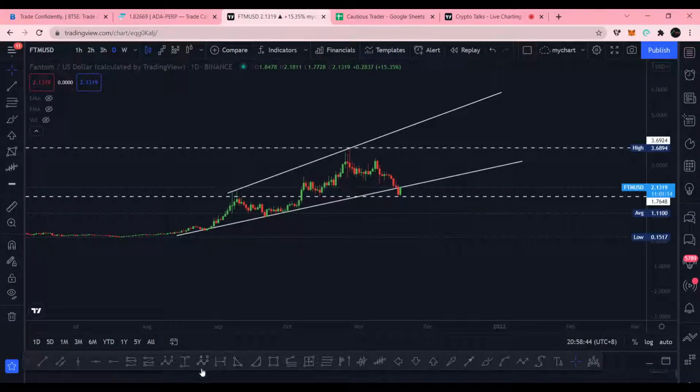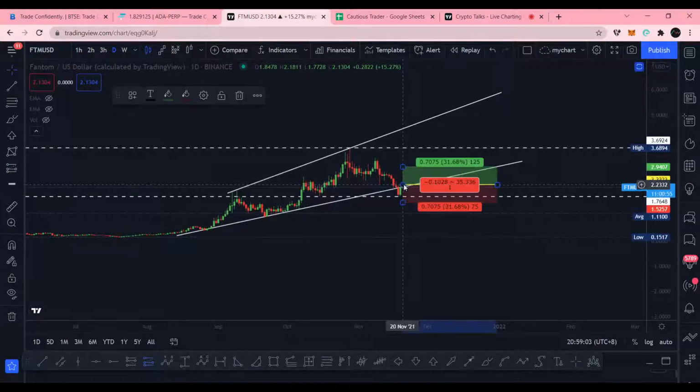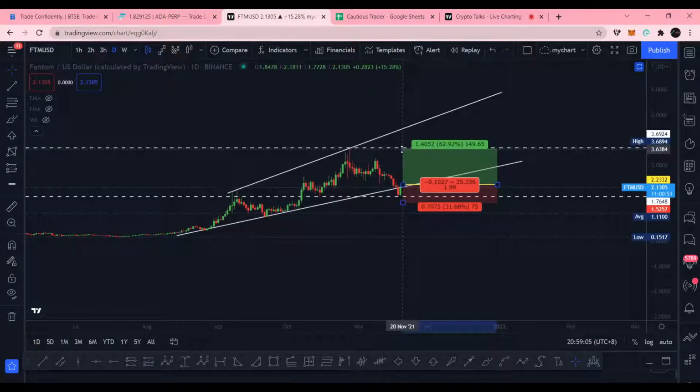So my possible entry price is to at least hold above this trend line resistance, which will become our support area. So just the basics, so that even if there's no indicator, you can still trade. And of course, always measure the possible risk and the possible reward.